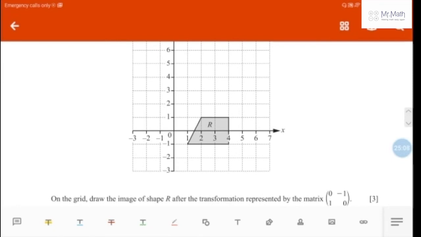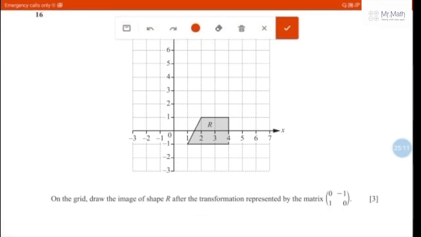So here, to find the image of the shape R, first I want to find the coordinates of the corner points of the shape R. So the coordinates are, the first one is 2, 1.